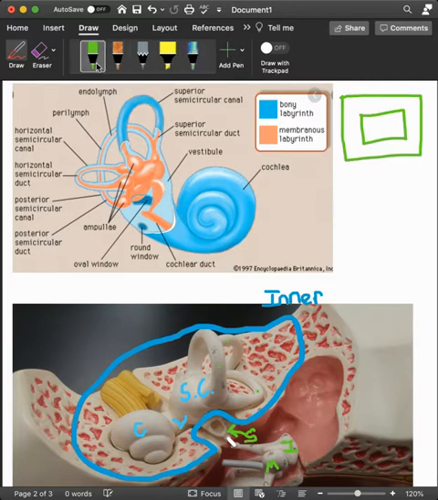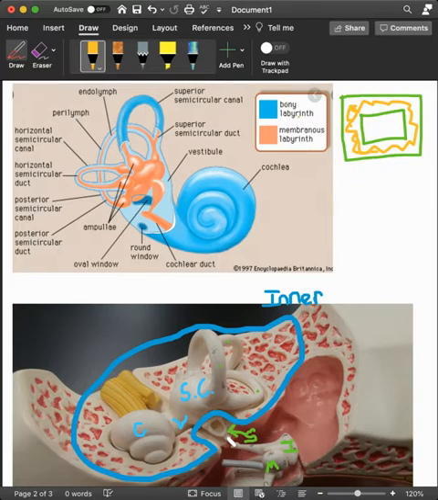Now, instead of just having free space, in between these labyrinths there's a specific type of fluid. So in between the bony labyrinth and the membranous labyrinth is what we call perilymph. So there's fluid all throughout it, in between the two boxes, or the two labyrinths.